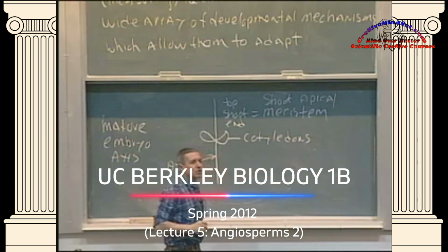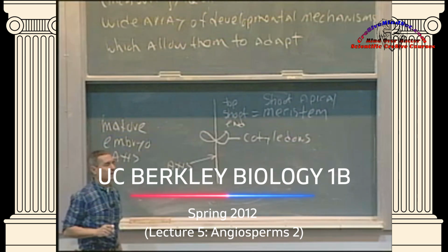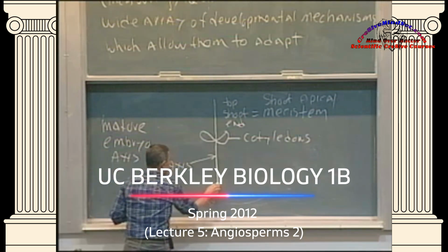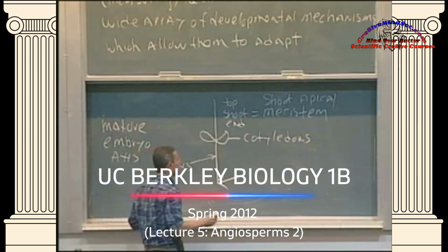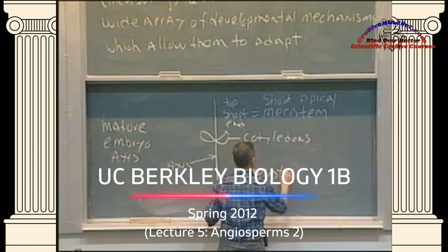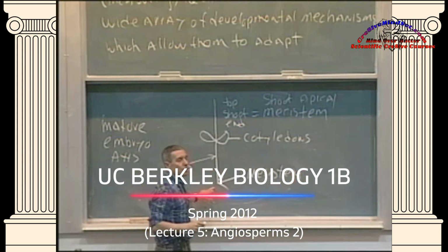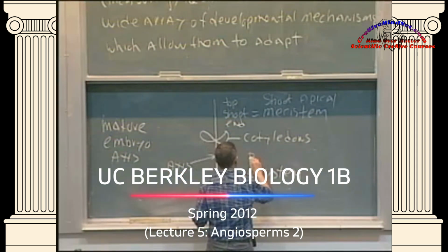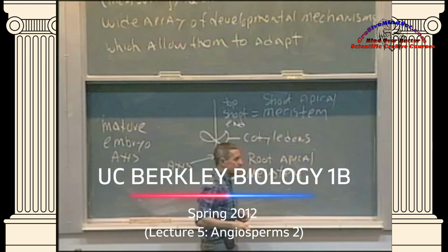So we say we have a zone of high cell division activity at the shoot tip of the axis. Similarly, at the bottom of the axis, where the root would form, we have a meristem. And because it is at the tip where the root will form, we call it the root apical meristem.